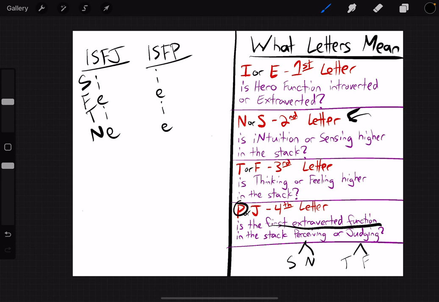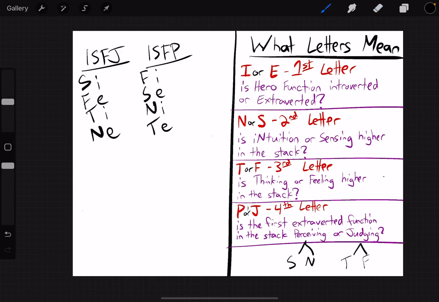So we look to the second letter, which is a sensing type. So we know its first extroverted function is sensing, which makes the third function the other remaining one here. And then we have to fill in with the judging functions, and it's an ISFP, so we know feeling is higher than thinking. And that's how you get the first four functions.